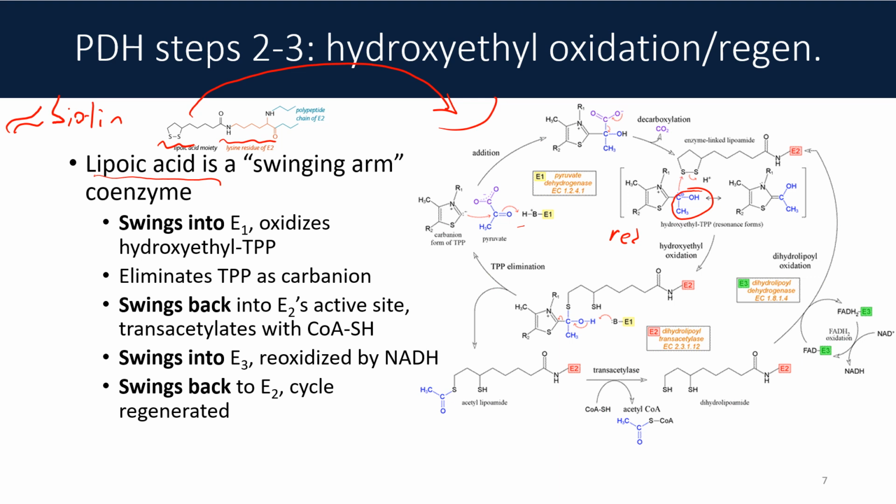We can oxidize it by using this lipoic acid coenzyme. The electrons over here will transfer over to one of those sulfurs in the disulfide, and it's going to break open that ring and therefore oxidize our hydroxyethyl intermediate.